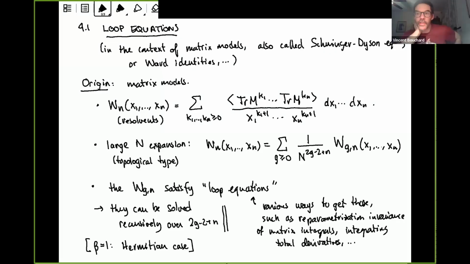So are there heuristic reasons why there should be factors of x to the k plus 1 in the resolvent? Well, the idea here is just you're constructing a generating series for expectation values of traces of matrices. So traces of products of matrices are indexed by the exponents, right? k1 to kn. So you just introduce variables x1 to xn so that you get a generating series. Now, why is it 1 over x instead of x?